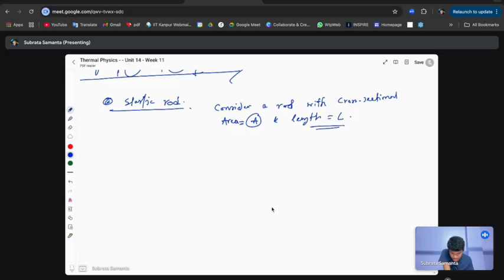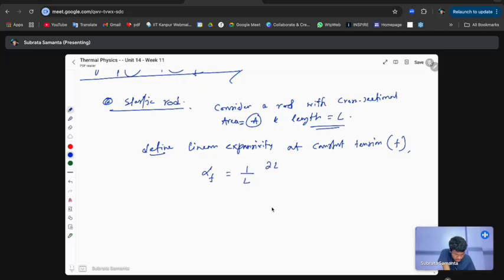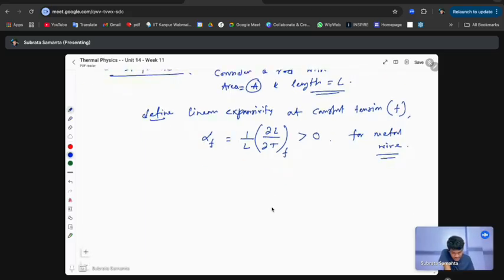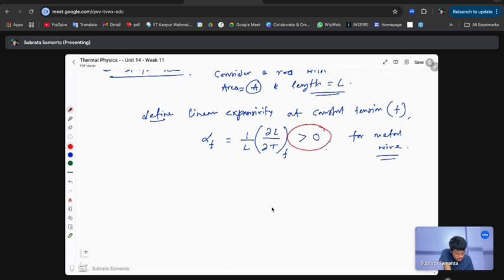So the linear expansivity at constant tension F, alpha F, is basically 1 over L, delta L over delta T, at constant tension F. This is greater than 0 for a metal wire, and alpha F is less than 0 for rubber.